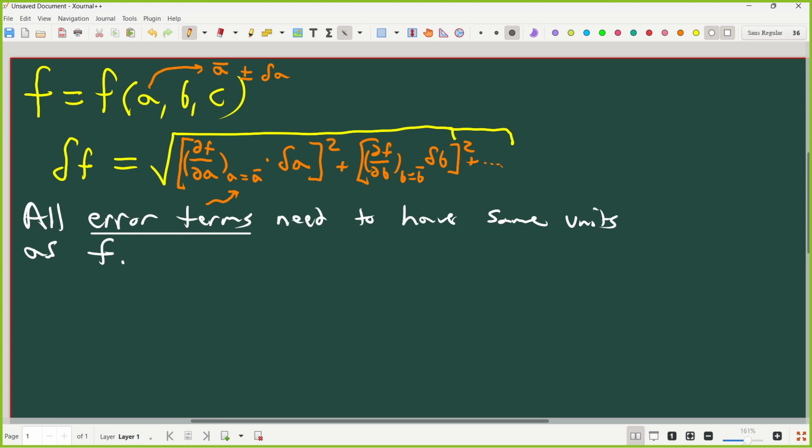Okay. Now, when we did the multiplication rule, where we multiplied a times b divided by x times y, there we had to use fractional errors, right, because everything may have different units, x, y, a, b, they may all be different numbers, different units. So we use fractional errors, but in fact, if you do the math out, you take this formula and apply it to a function that's just a product and a quotient of numbers, you'll get the same result.